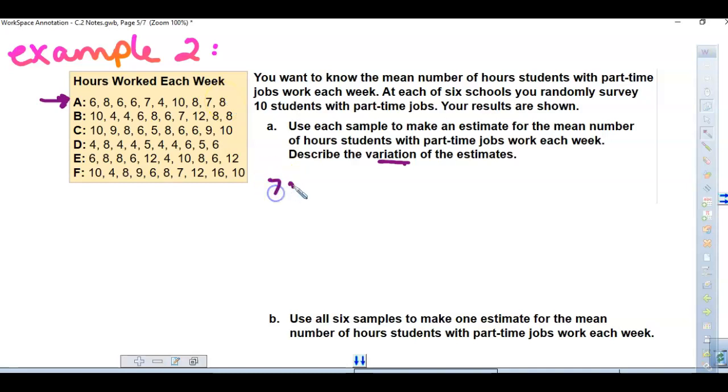We have 70 divided by 10 equals 7. The mean for random sample A was 7.